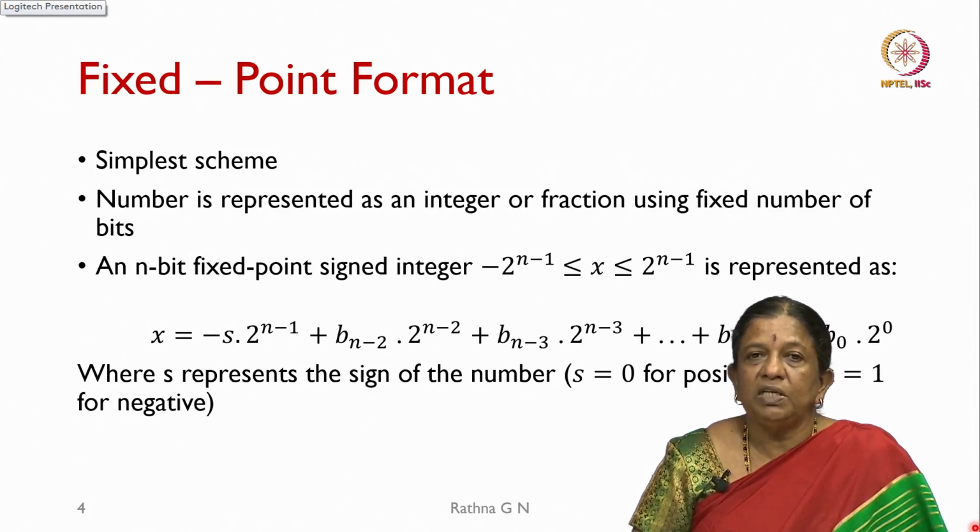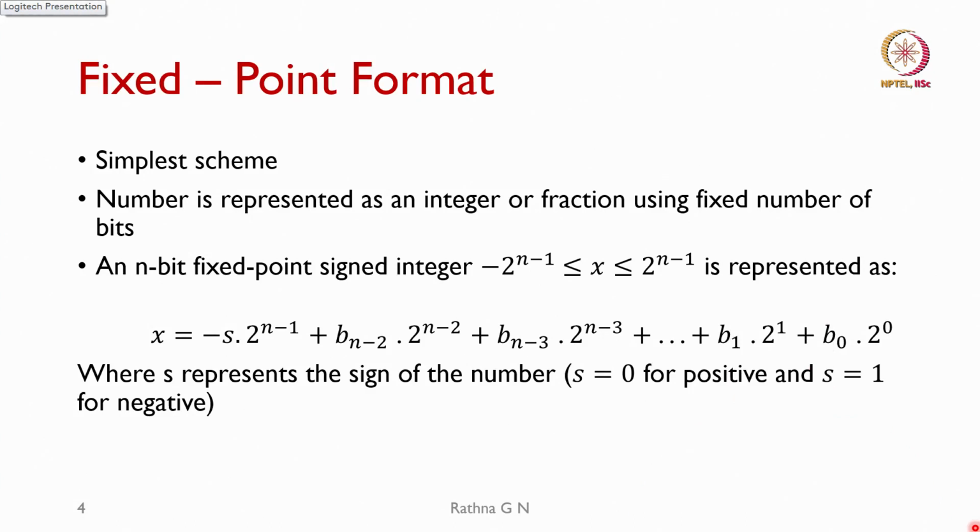If it is equal to 0, it is a positive number, and if it is equal to 1, it is a negative number. Then the next term is its magnitude bit b n minus 2 into 2 power n minus 2, and so on. In the last we have b1 into 2 power 1 and then plus b0 into 2 power 0.